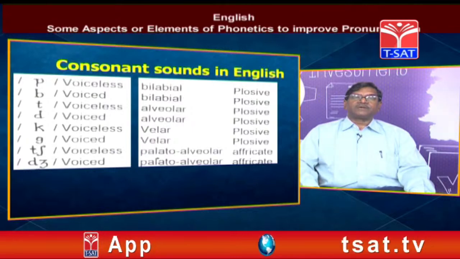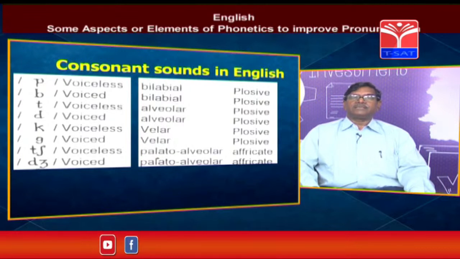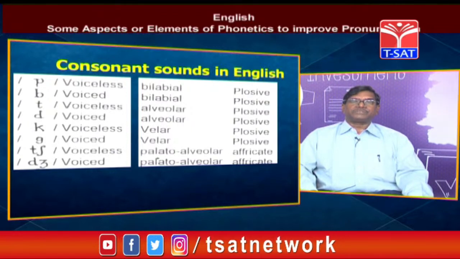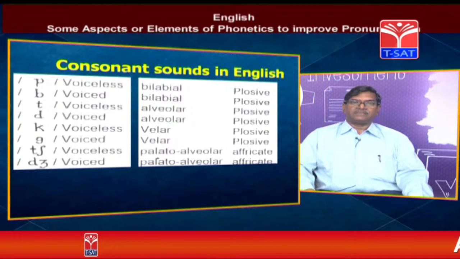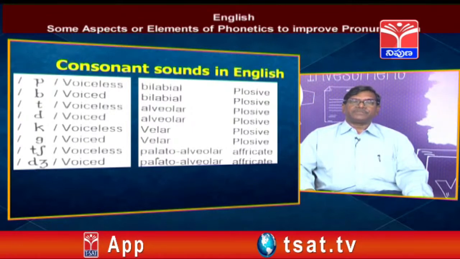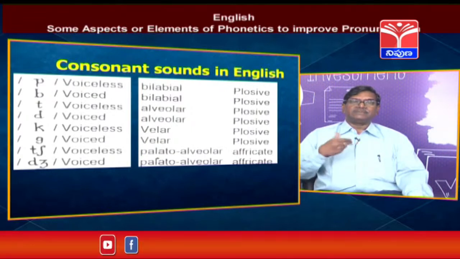One is a voiceless sound, the other is a voiced sound. These six sounds, P, B, T, D, K, G, are called plosives because air comes out all of a sudden. Then comes ch, j, where air comes out slowly.